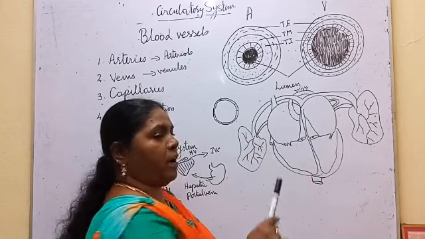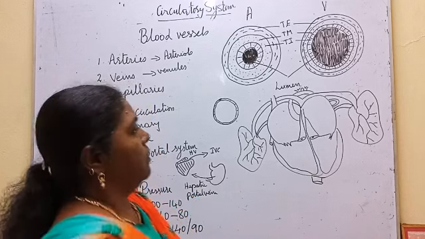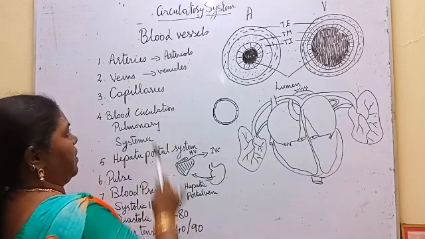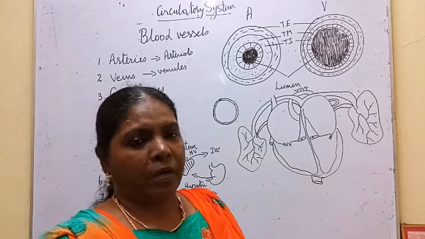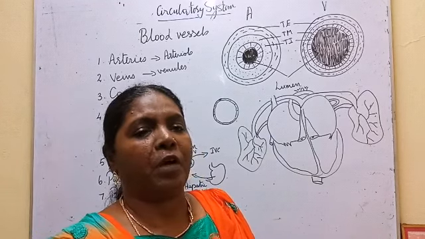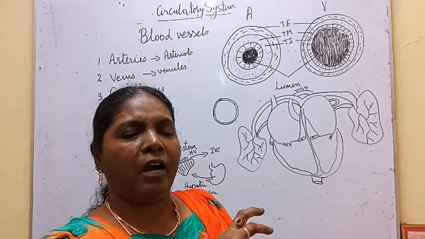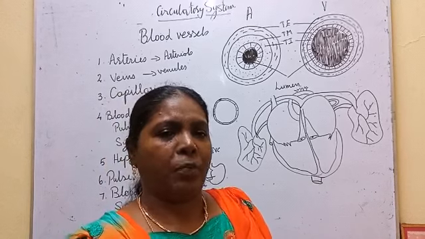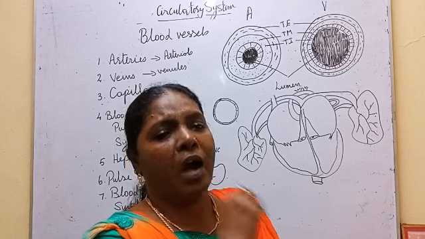The pulmonary artery is the only artery which carries deoxygenated blood. Veins carry deoxygenated blood, collecting it from the different parts and sending it to the heart. So arteries take blood from the heart to the different parts, and veins collect blood from the different parts and send it to the heart.